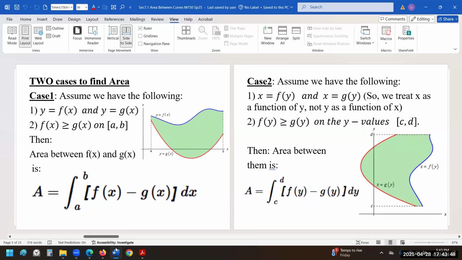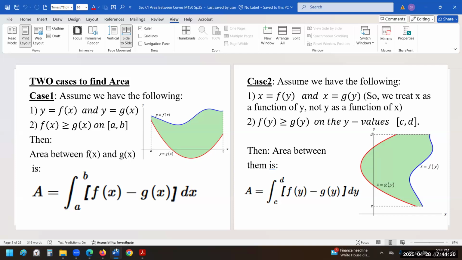Or we have a function where y is not a function of x, but x is a function of y. So it's the other way around. Y is now the independent variable, x is the dependent variable. If we have that scenario, then we take two y values between which we have two functions, and then we subtract the left side function from the right side function.